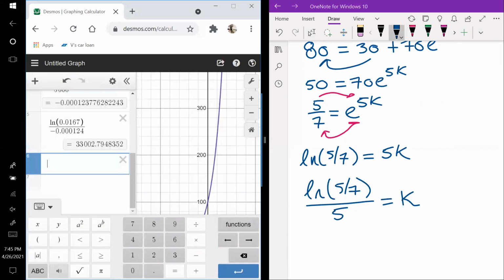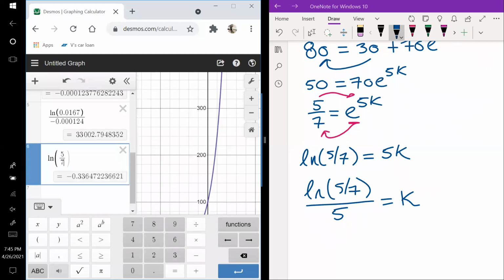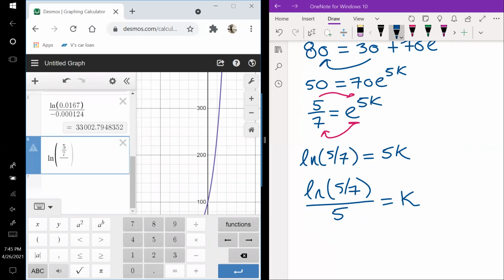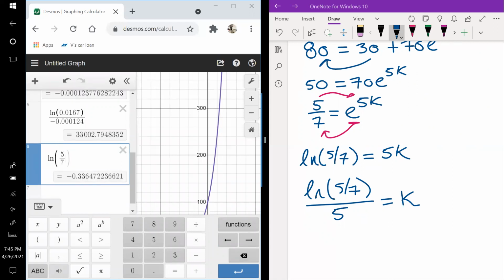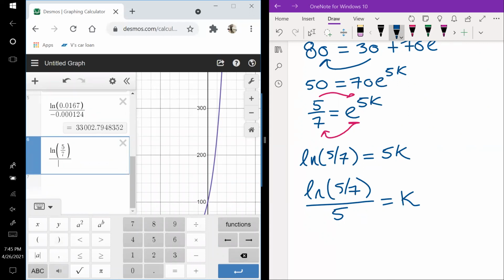All right. Computer. Natural log of 5/7 over 5, and let's have negative 0.067 equal to k.